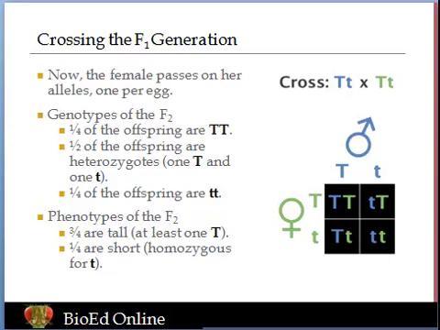And what you find here now is a different combination. And so when the F1 generations are crossed, there are three possible genotypes in the ratio of 1 to 2 to 1 for the uppercase T, uppercase T; uppercase T, lowercase t; and lowercase t, lowercase t combinations. Now, since the uppercase T allele is dominant to the lowercase t allele, every individual with at least one uppercase T is going to be tall.